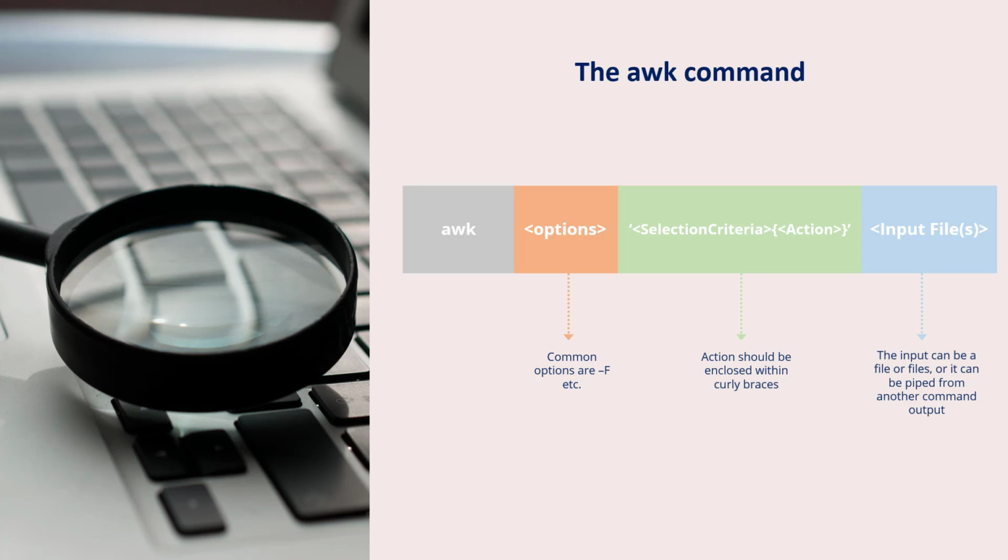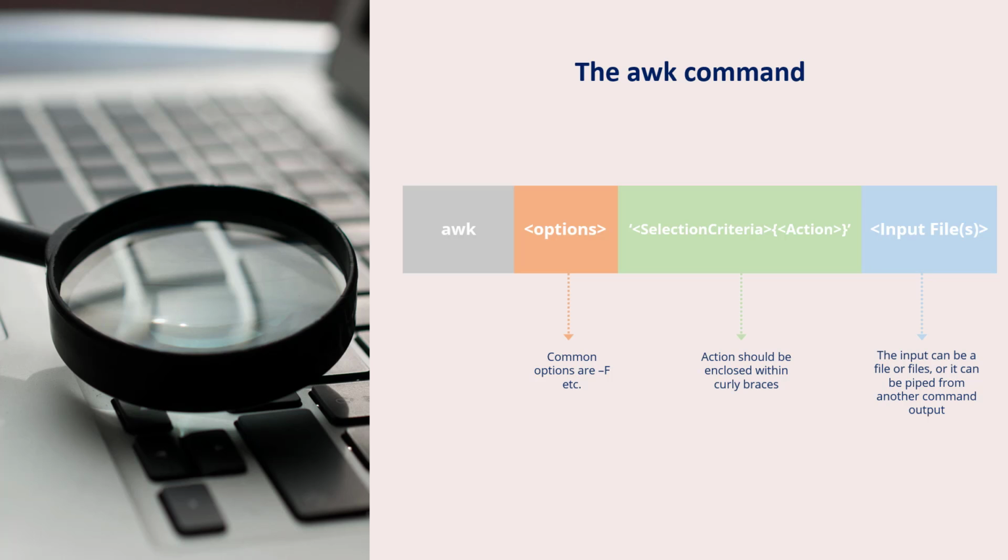If you recall our session on sed, you will notice similarities. In sed, we had the address and action written together enclosed in single quotes. Here we have selection criteria and action written together enclosed in single quotes.